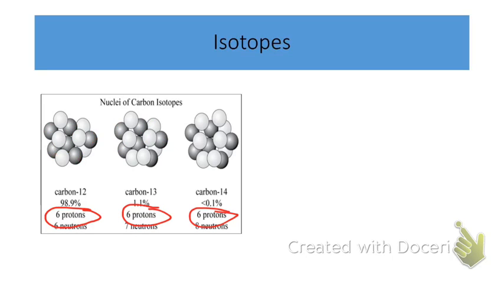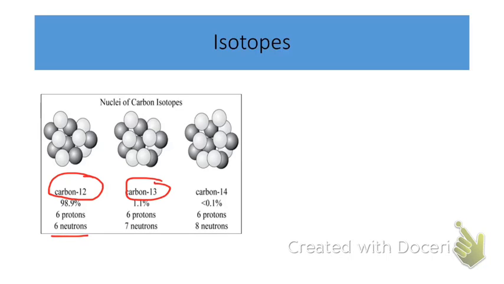So the difference in these 3 atoms is not their number of protons, but their number of neutrons, as you can see here. The isotope carbon-12 has 6 protons and 6 neutrons. The isotope carbon-13 has 6 protons and 7 neutrons, and carbon-14, 6 protons and 8 neutrons. They are isotopes because they all have the same number of protons.